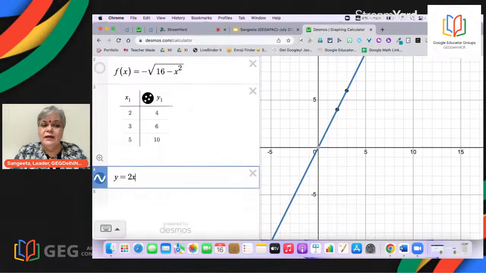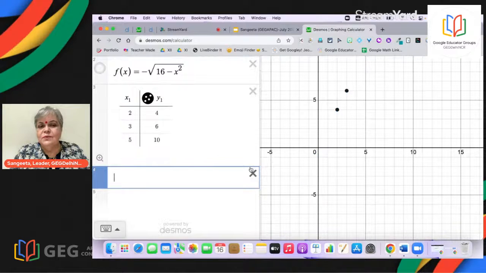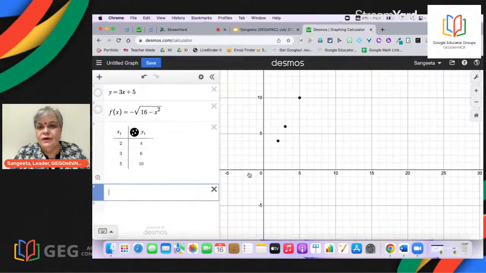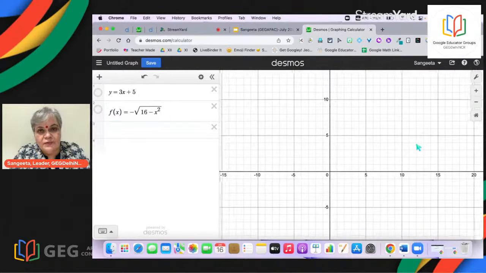A quick another demo that I would like to show is of sliders, because that is where a whole lot of explorations happen. So let's get rid of this table as well. And at the same time, I want to talk about trigonometric functions.